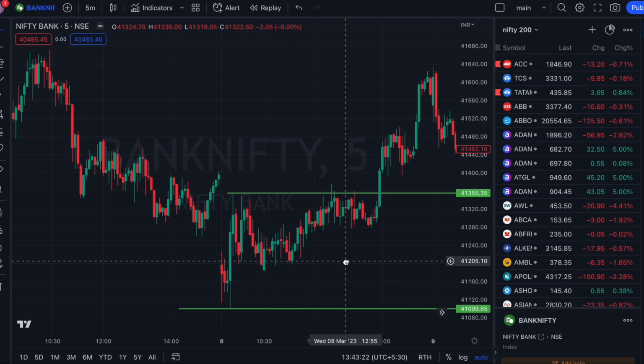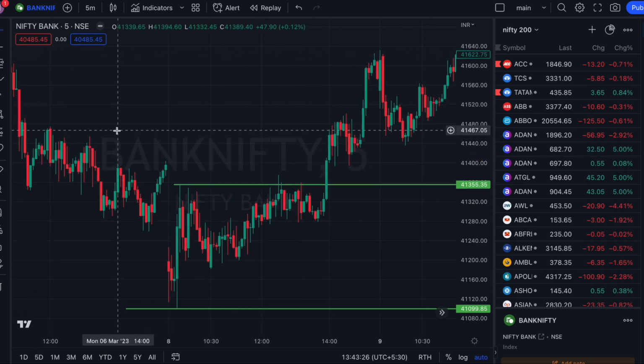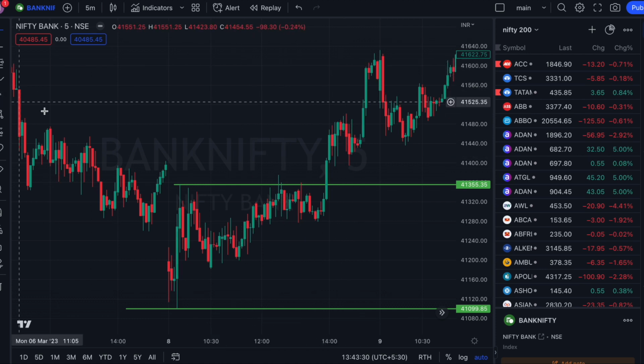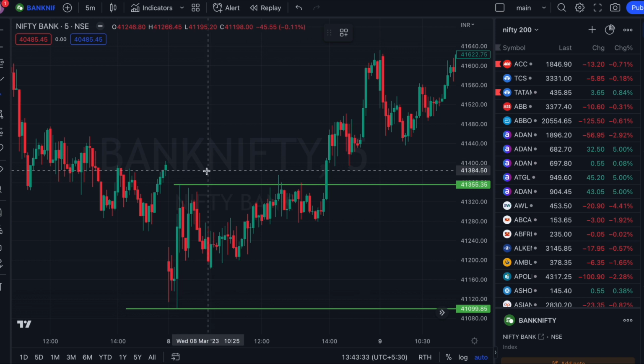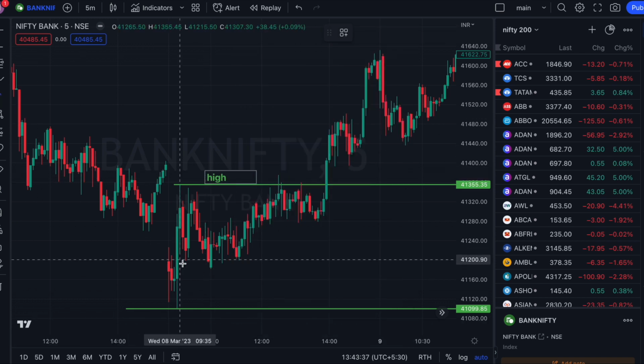Right? And now we are going to see a long build up for a buy entry, which means this is the high of the initial balance, and this is the low of the initial balance, right?